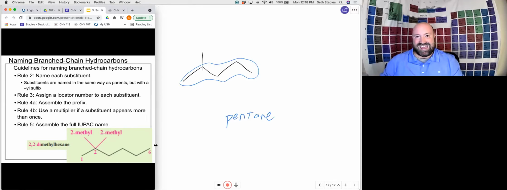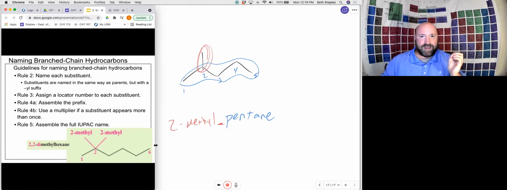So we get pentane. We're going to number it 1, 2, 3, 4, 5. We have a methyl group right here. Actually, I'll do that in red, get fancy. There's a methyl group coming off it. And it's coming off it at the 2nd position. 2-methylpentane. And there actually wouldn't be a space there, although it looks like one just the way that I drew it out. So there's no space there.